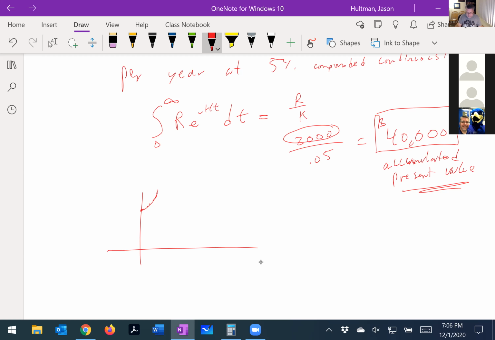That's the accumulated value if we go out to t.